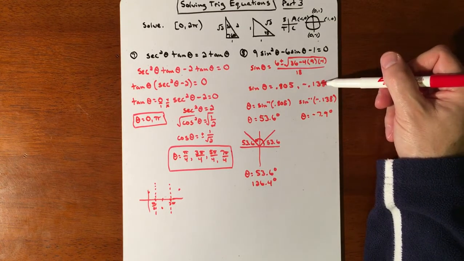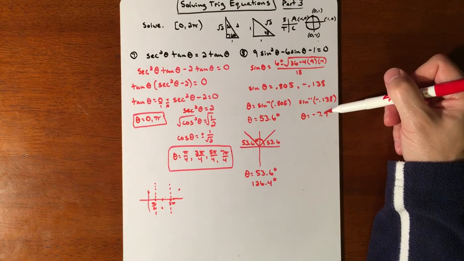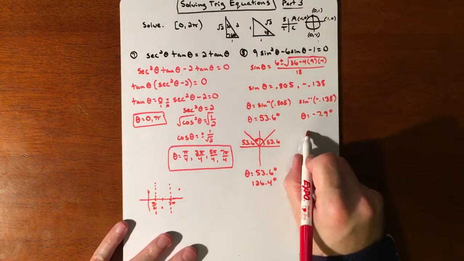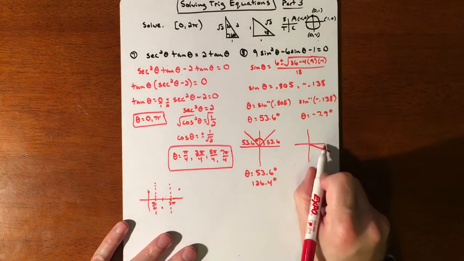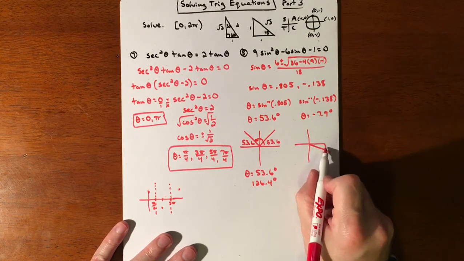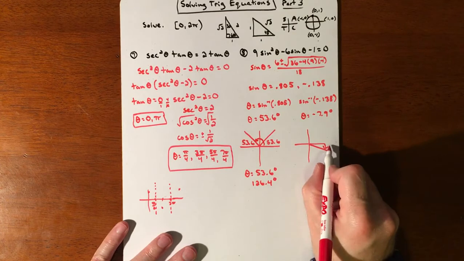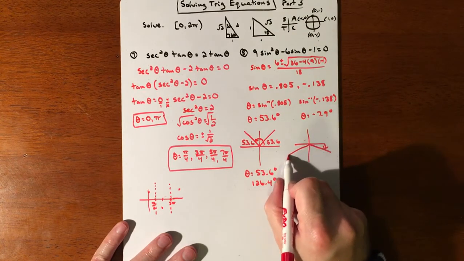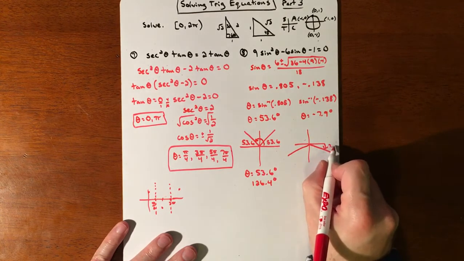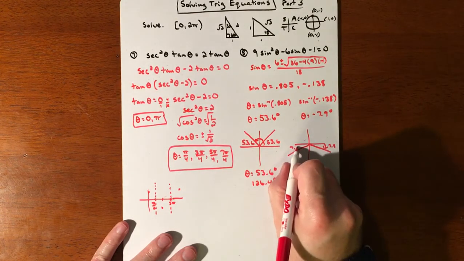You're also going to get 2 answers from this one, but it's not going to be that because we're not in the right range, but it helps us draw our picture. So we're at almost 8 degrees right here. That's probably quite a bit of an exaggeration, but that's about 8 degrees. So we want all the way around, and then we want it over here as well. So this is 7.9, and this is 7.9.